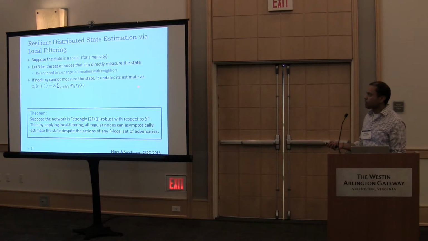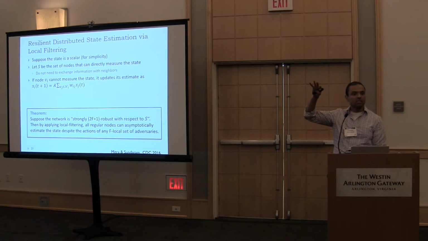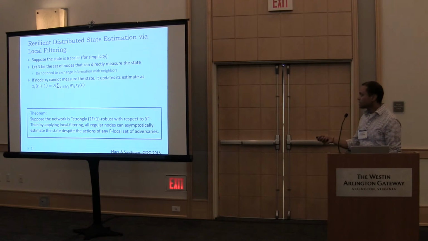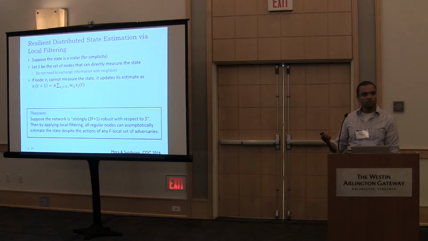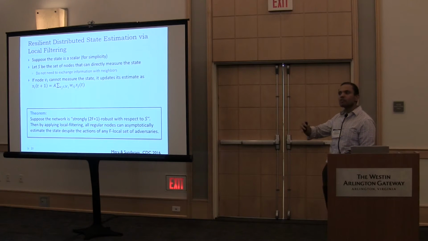There are some other nodes that can't measure the state, and they use consensus dynamics, where they maintain an estimate of the state and rely on their neighbors to give them estimates of the state. If you use local filtering, then there's another version of robustness that the network satisfies, because now you have certain nodes acting as leaders that have access to the state. By applying local filtering, all the regular nodes can still estimate the state regardless of what the bad guys do. Okay, so the theme is essentially that wherever you have consensus-based coordination and you need resilience, local filtering seems like a great first thing to try.